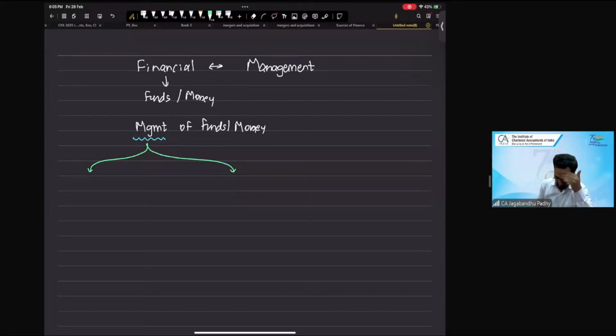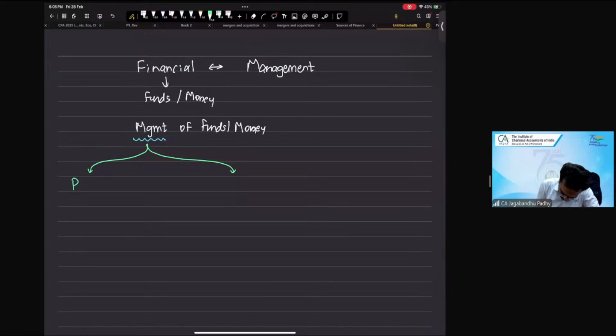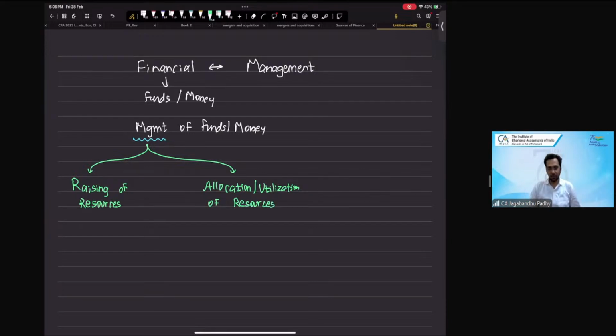One is raising of funds, or I can say, for the word management, the first part is raising of resources, and the second part is allocation or utilization of resources. Right. So this is raising of resources or allocation or utilization of resources.